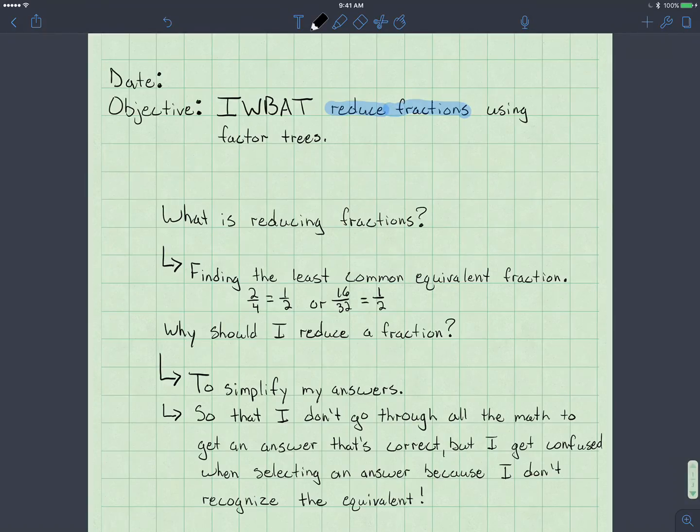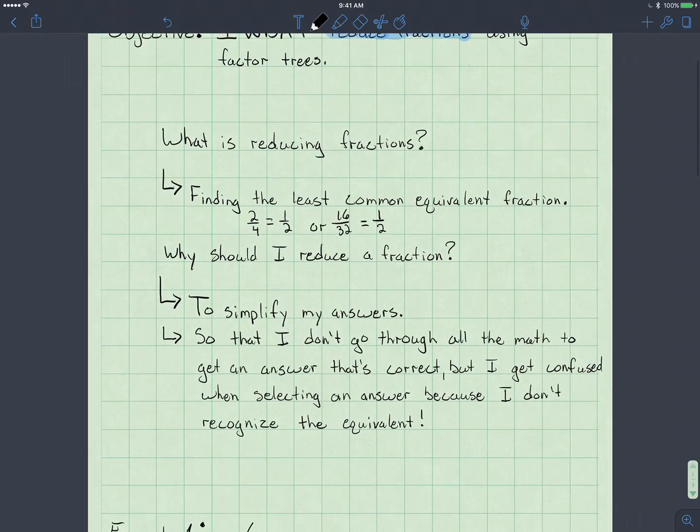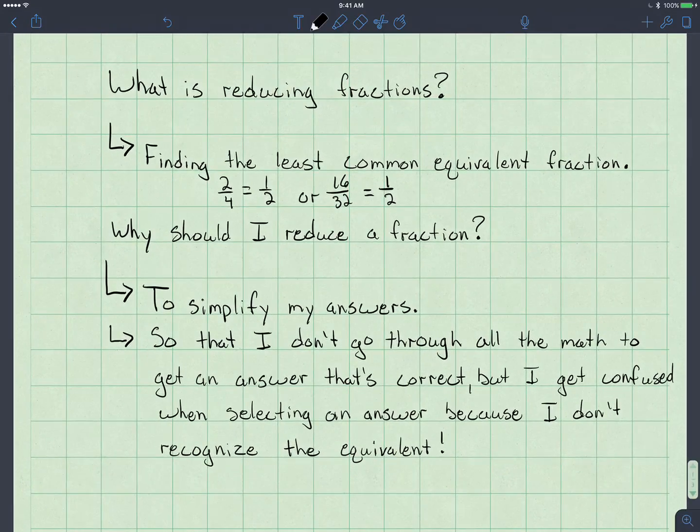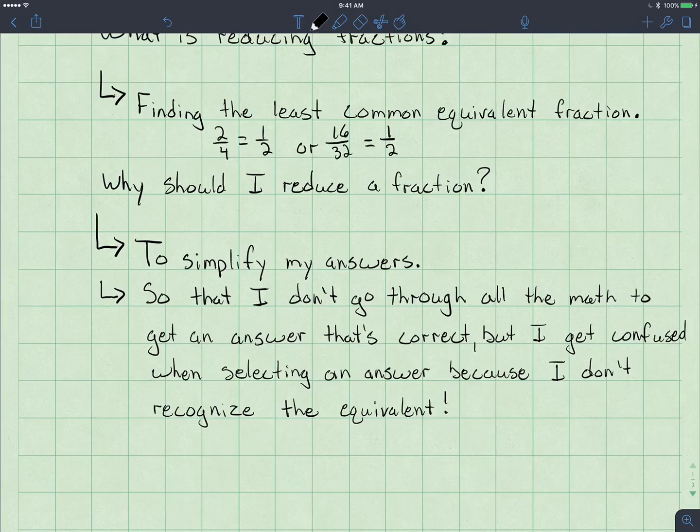Here's the next question. Why should I reduce a fraction? Well, it's simply to simplify your answer. And let's just be honest, sometimes you'll do all the math like we did in our last video, where we converted a mixed number to an improper fraction so that we could subtract it, and then after we got our answer, we saw that our answer was an improper fraction, so then we had to go back and convert that improper fraction to a mixed number.